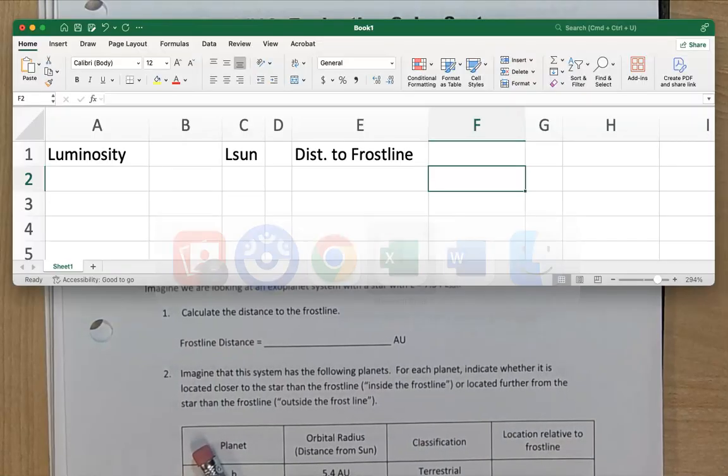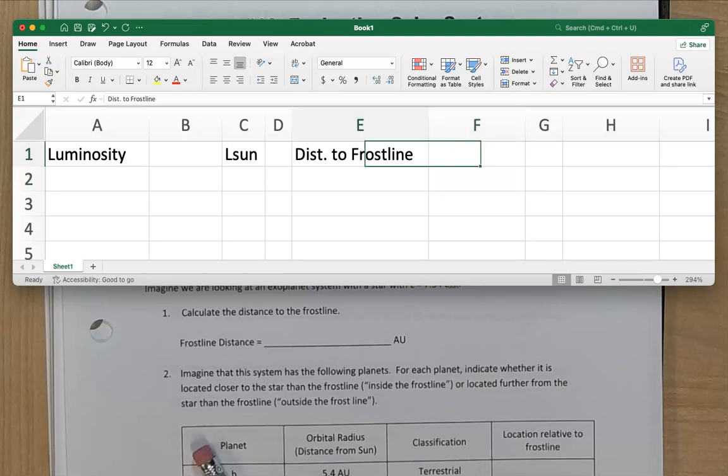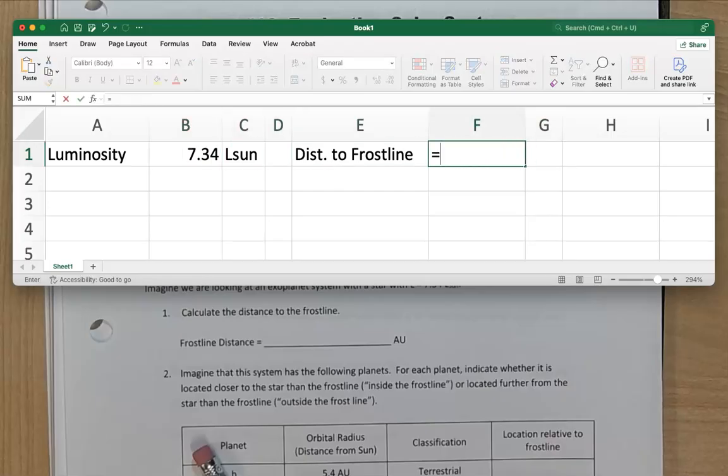So, what's the distance to the frost line for this star? Well, I've got my spreadsheet already laid out here. If it's a 7.34 solar luminosity star, the distance to the frost line equals 3.45 times the luminosity to the, I'm not going to say 1/2, I'm just going to say 0.5. That's an easier value to deal with.